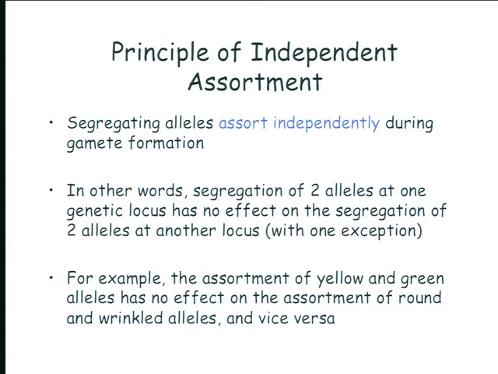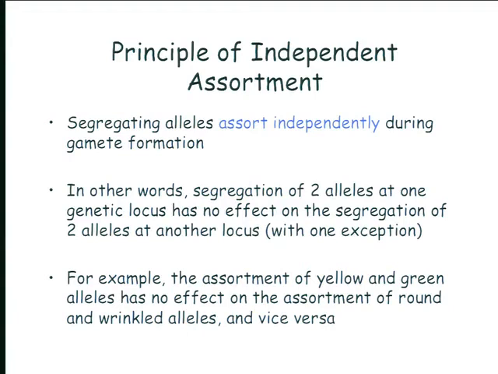So just an example of this, the assortment of yellow and green alleles for the trait of seed color has no effect on the assortment of wrinkled and green alleles for the trait of seed shape, and vice versa. And this is, again, a really important advance at the time, because that was another nail in the coffin of this whole blending idea.